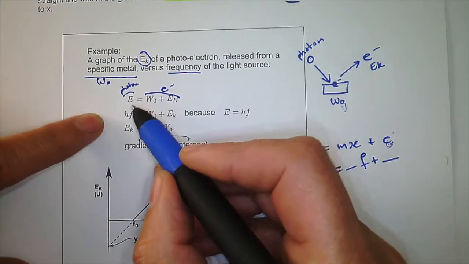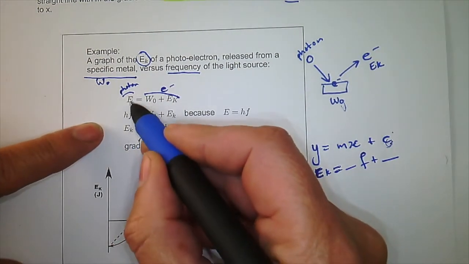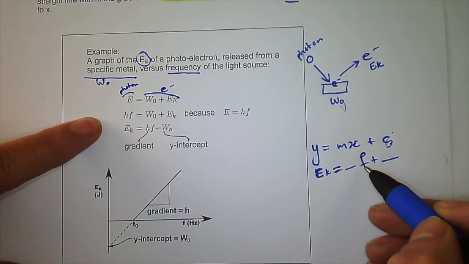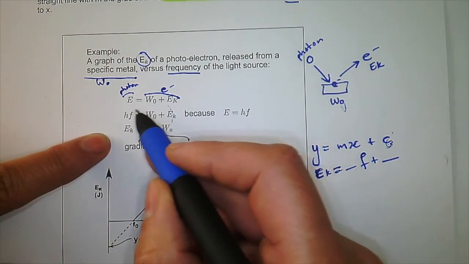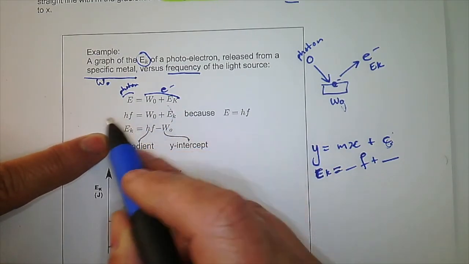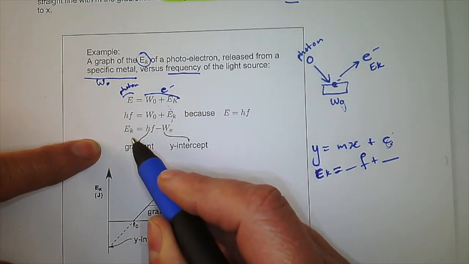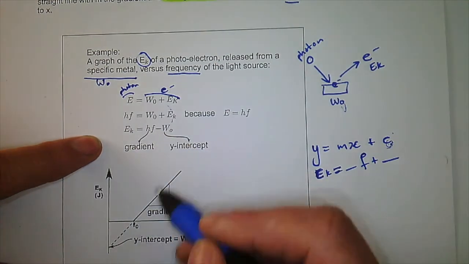Now, it's the frequency of the light, and light is on the left-hand side, so I'm going to replace that with hf to get the f that I need in my equation. Then I'm going to rewrite it, taking the work function over to the other side, which makes it minus, and switch the two sides around. And I end up with the kinetic energy equals hf minus the work function.